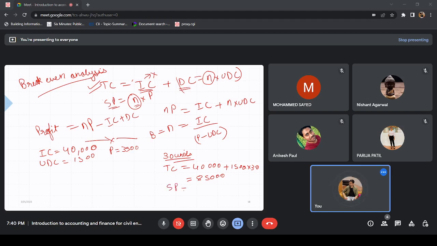And selling price would be, right. So if you were to find out the profit, you could have found it out here also directly.